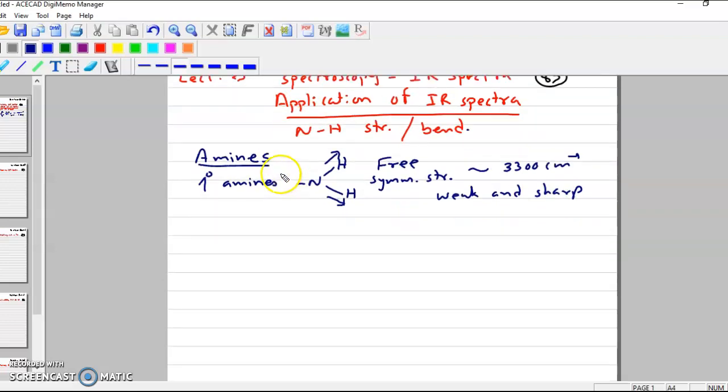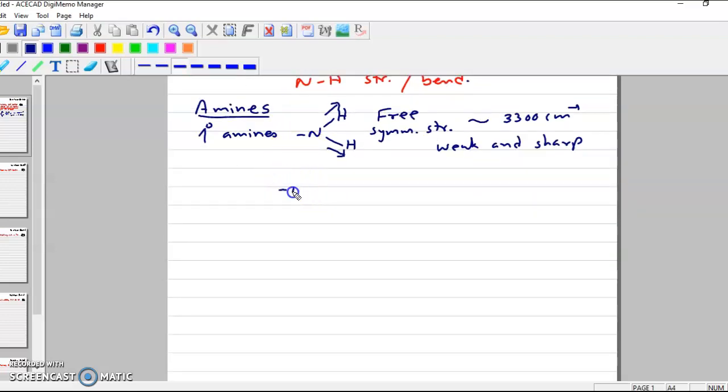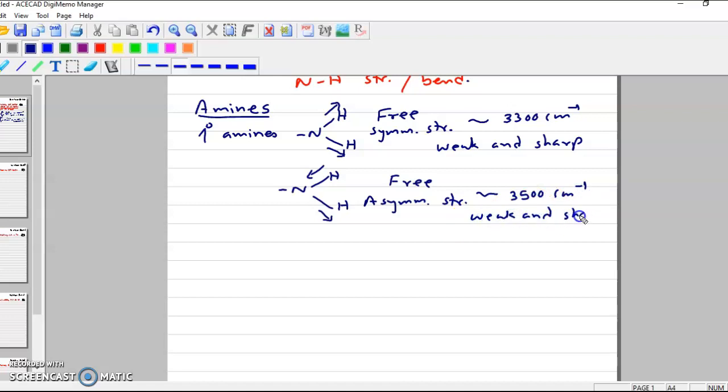Along with this, there will be asymmetric stretching also, like this, and if there is no hydrogen bond, again it is called free asymmetric stretching, and that band will appear at nearly 3500 cm⁻¹, which is again a weak and sharp band.